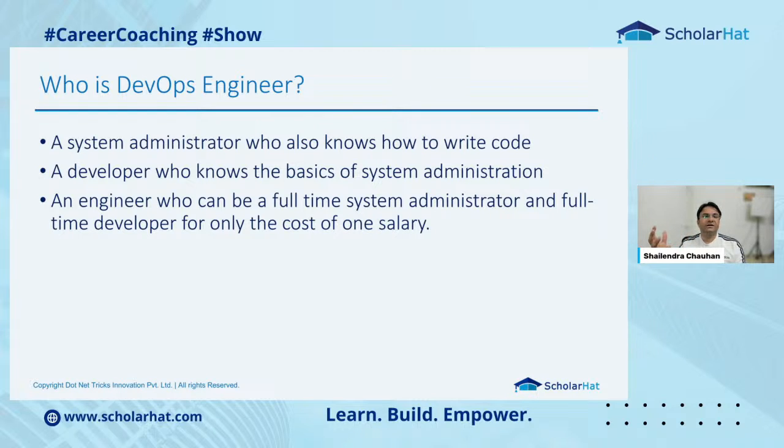Even companies prefer a mix of DevOps engineers. Some they hire from an administrator background, some from a development background, because the combination helps them automate the infrastructure and the coding, since nobody can know both sides. Every person has some strength, some in coding, some in infrastructure. It is very rare that a person is good on both sides. That's why this combination happens.